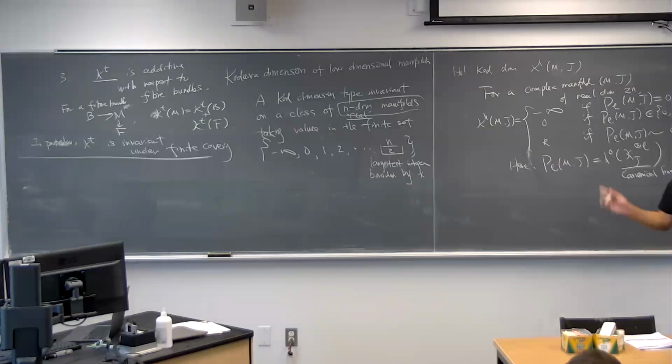For general fiber bundles it's also true in the complex category, but for holomorphic fiber bundles it's more complex. Yeah, but it's a theorem. This additivity in complex geometry is a theorem, and it holds not just for fiber bundles.